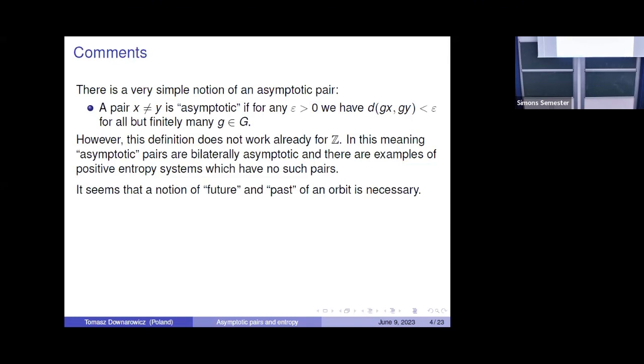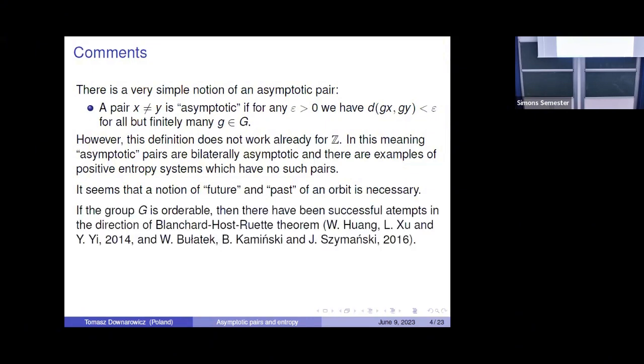So it seems that we need to look at some kind of future. The forward asymptoticity is what we really need. If a group is orderable, that means it has an invariant order, then there have been successful attempts in at least one direction, the direction of existence of asymptotic pairs in positive entropy.